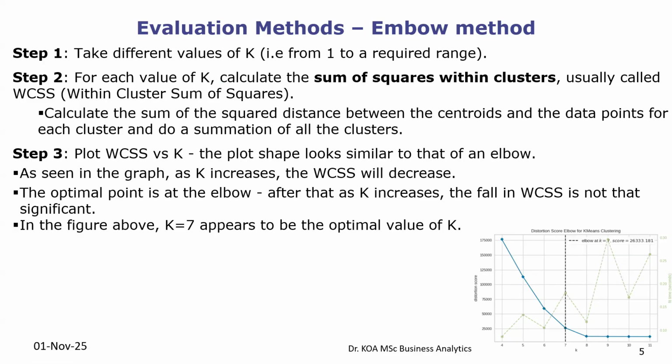Okay. So I want you to look at the figure on the bottom right. In this figure, you will notice that there is a vertical line that shows where the elbow occurs.